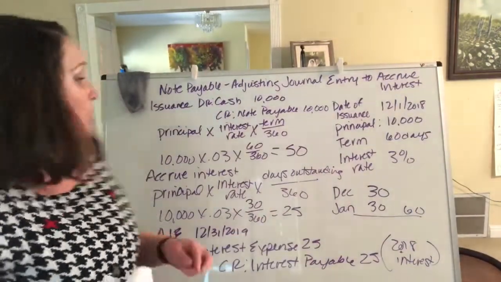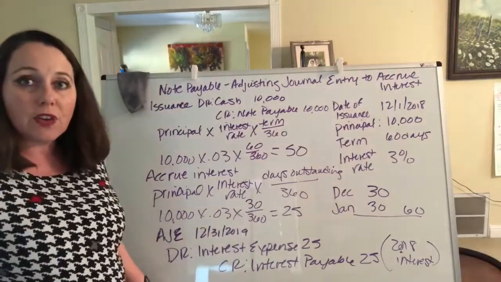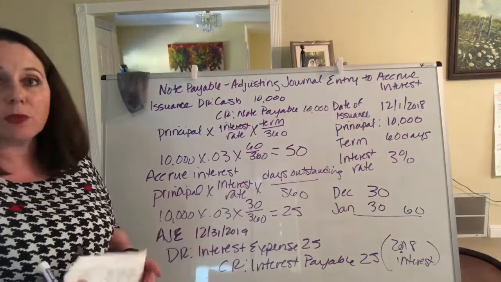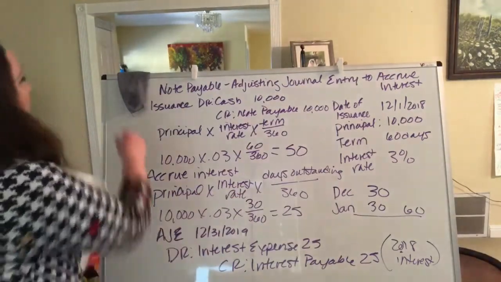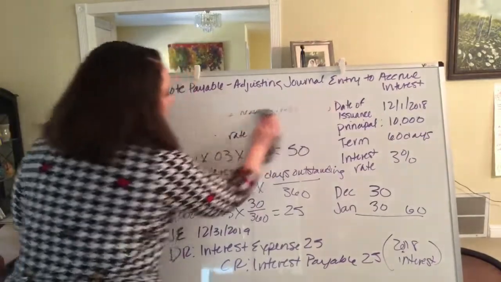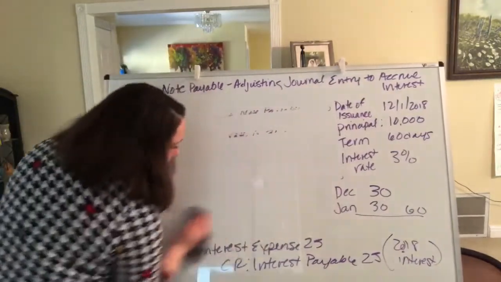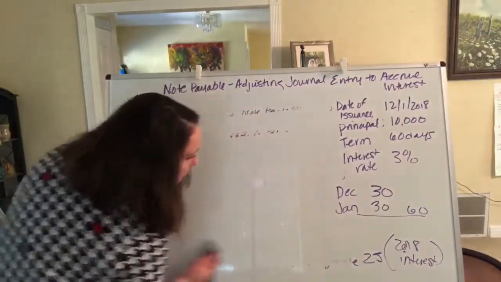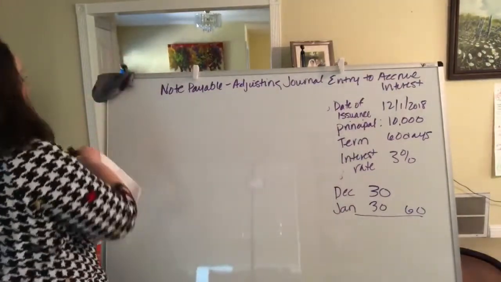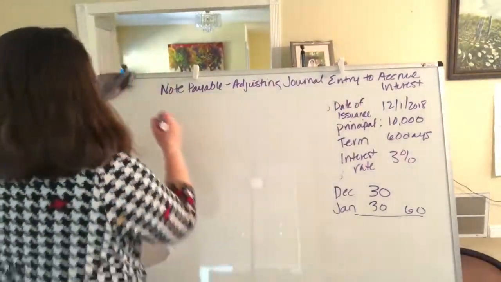All right, so then we need to figure out what's the journal entry we're going to book on January 30th when we actually pay off the note. So I'm going to do some erasing. So we're going to pay off the note on January 30th, 2019.